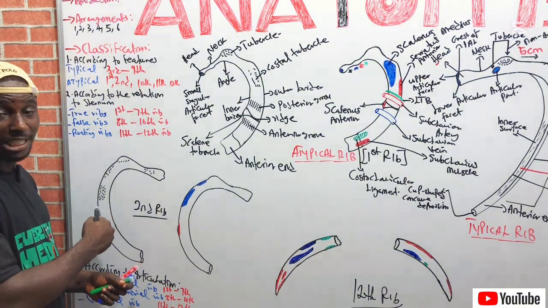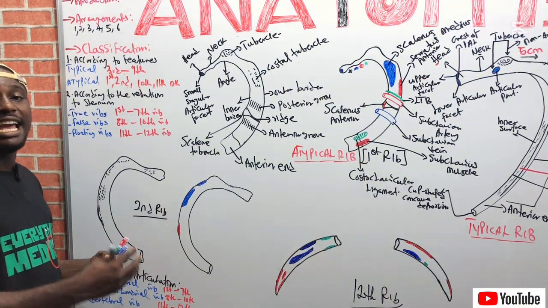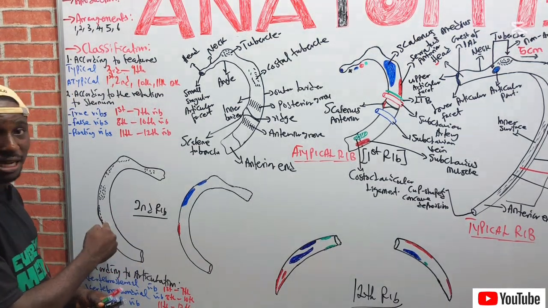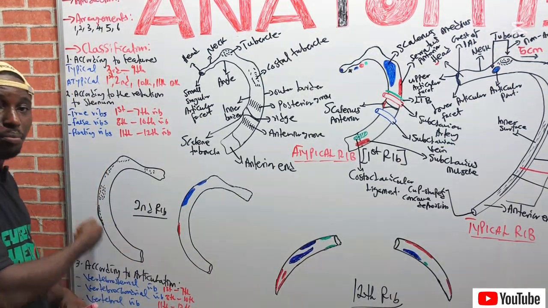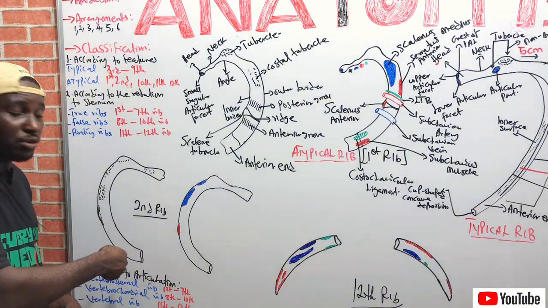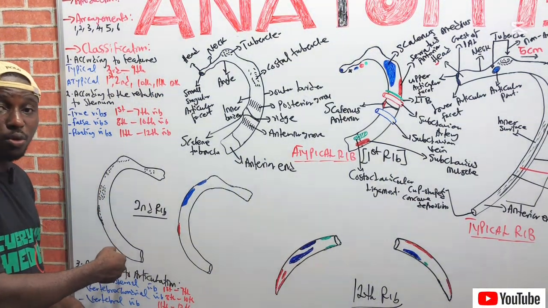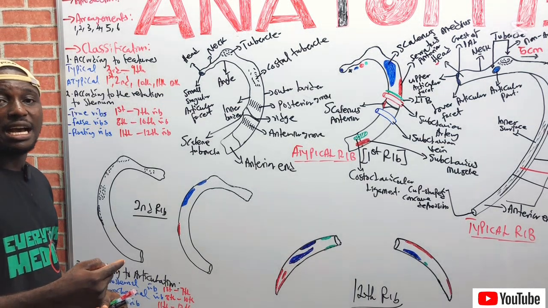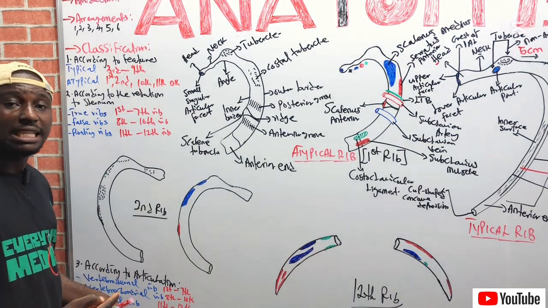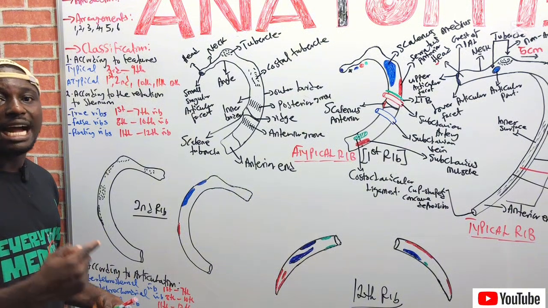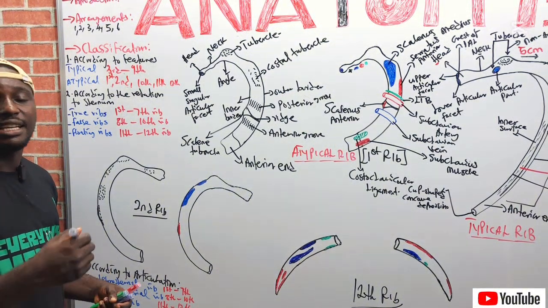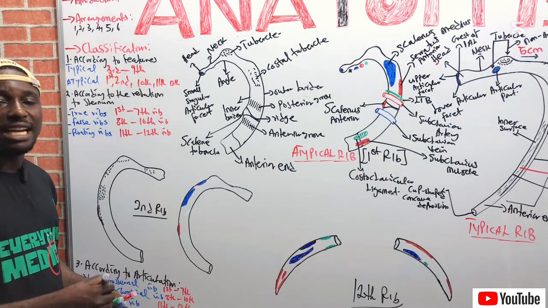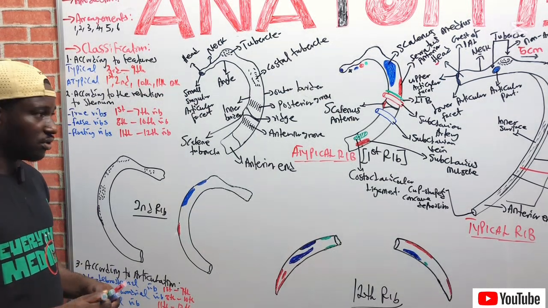Towards the middle aspect, the outer surface gives a rough impression or a prominent tubercle for the attachment of the serratus posterior muscle.